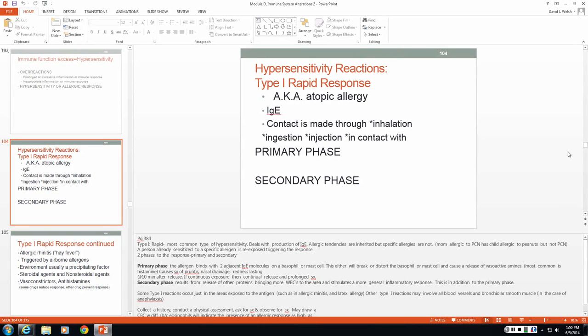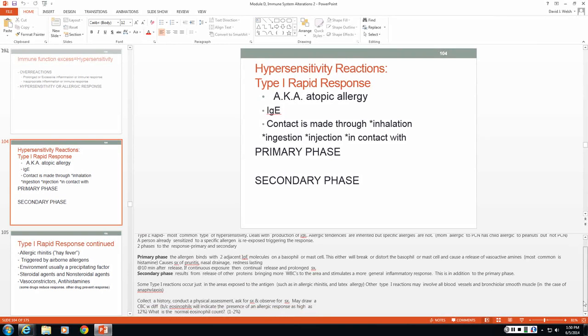Other type 1 reactions may involve all blood vessels and bronchial smooth muscle in the case of anaphylaxis. So it's important with patients to conduct a history and a physical assessment. You want to ask for symptoms and observe for symptoms.